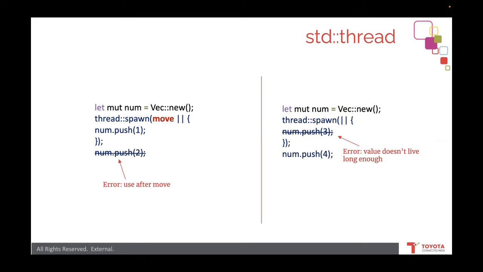So it actually takes advantage of the ownership concept, and it transfers the ownership to the child thread, and then we can modify or push the data into a child thread. And if we want to modify or push the data into the main thread, we can't do it because it may lead to the condition of the data races. So to avoid that situation, the Rust compiler gives the error at compile time.